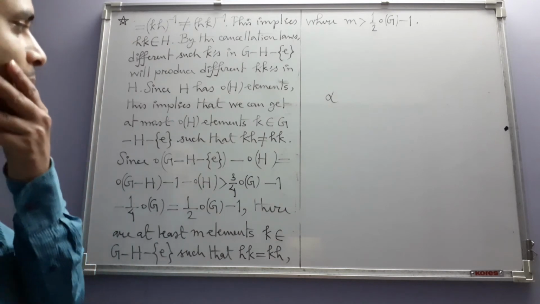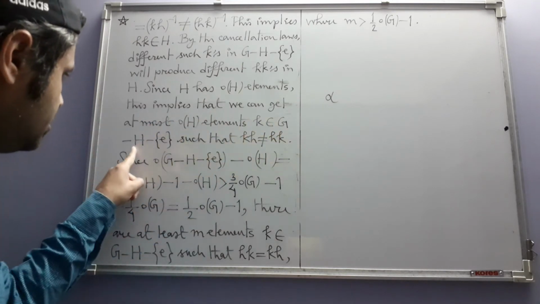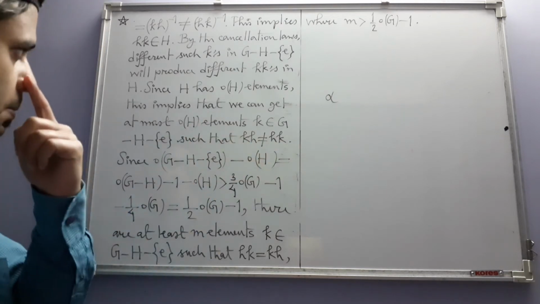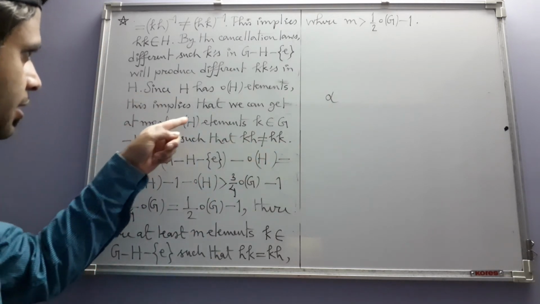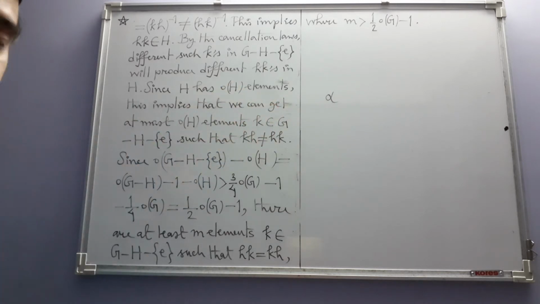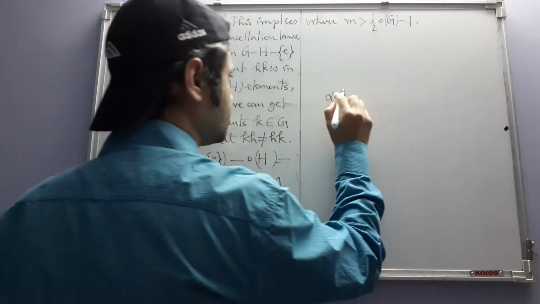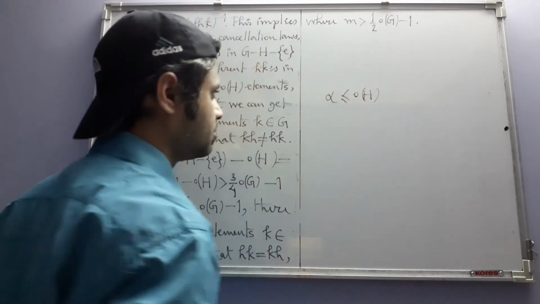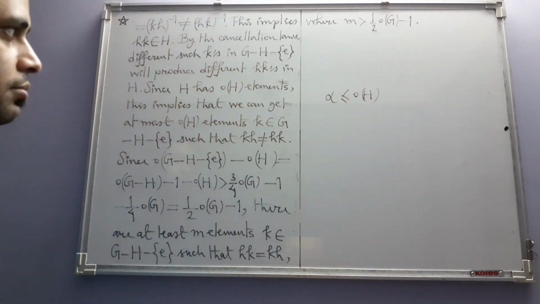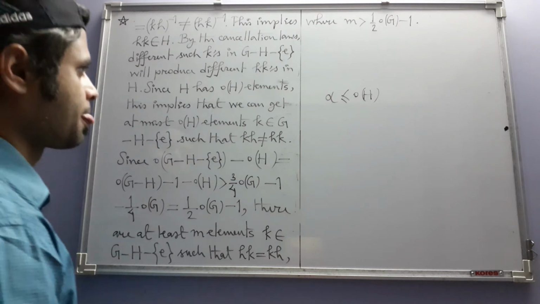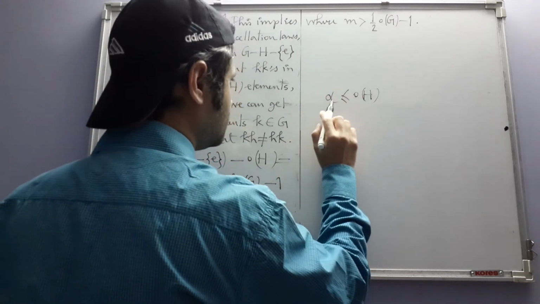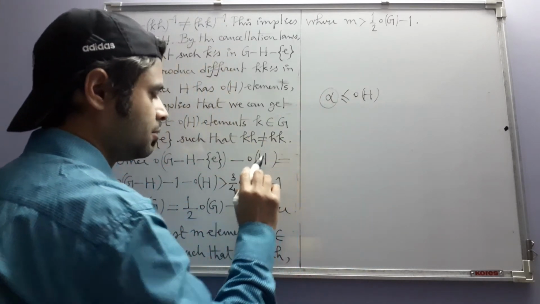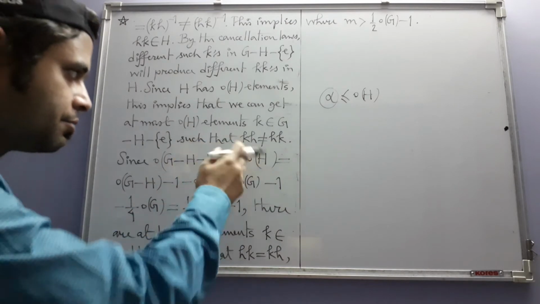Alpha denotes the number of elements in G minus H minus e that do not commute with H. So this line is saying that alpha is at most order of H, that is, alpha is less than or equal to order of H. Okay. So for this many elements this happens.